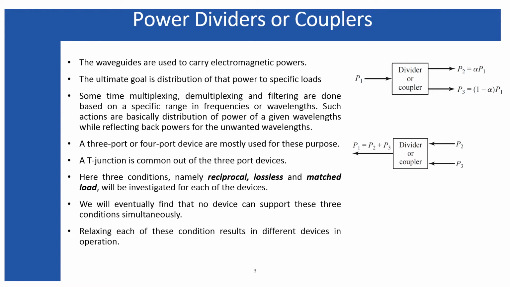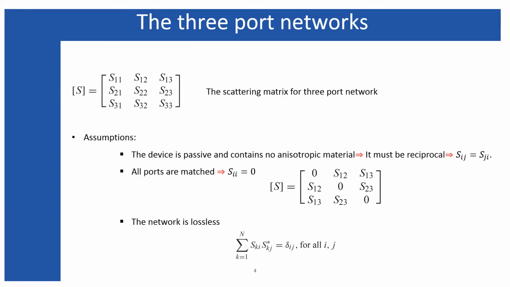Let's see. The scattering matrix for a 3-port network can be represented as shown in this slide. Here, the total number of components of the scattering matrix will be 9. In addition, if we assume that our device is reciprocal, that means no anisotropic materials are used to make these 3-port networks, then we can assume the network is reciprocal.